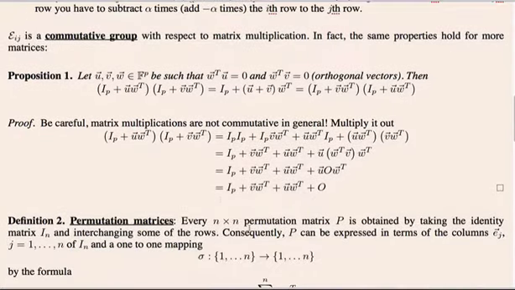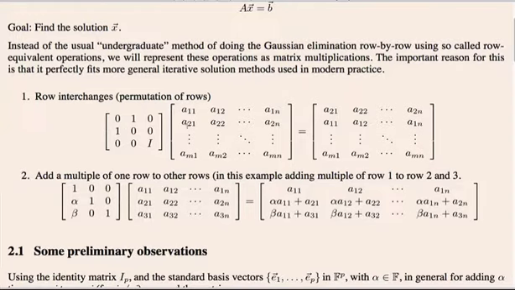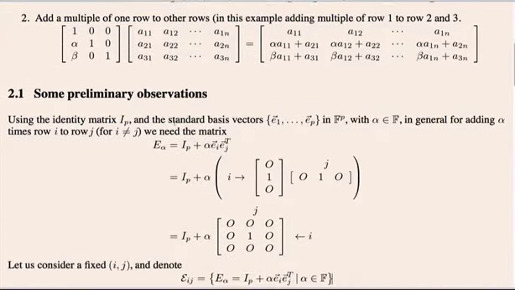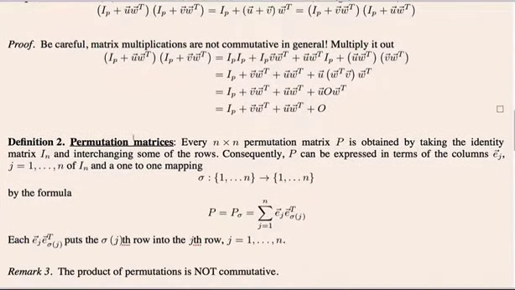The next part is to look at permutation matrices. As I mentioned, the first operation was interchanging two rows. The other name for that is permuting the rows. So in general, we can obtain an n by n permutation matrix by taking the identity matrix In and interchanging some of the rows.